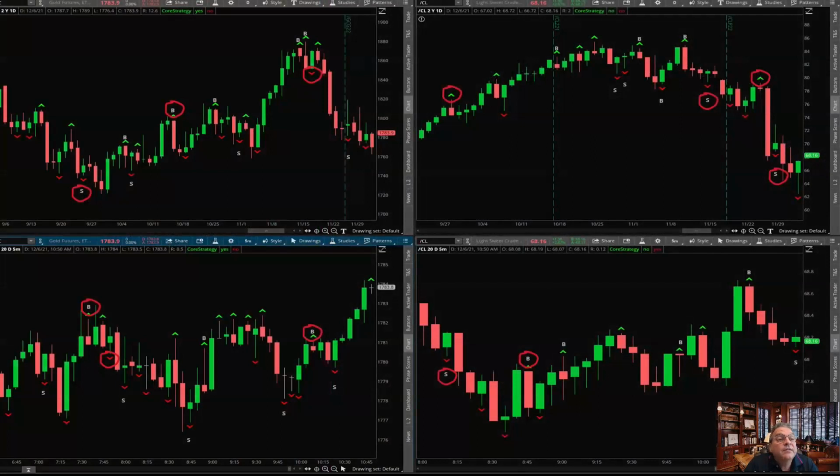Okay, so these are, once again, just examples here. This is going to be a 1 year and a 5-minute chart. So same market, 1 year, 5 minutes, and basically using the exact same pattern. So no difference on a daily, no difference on a 5-minute.